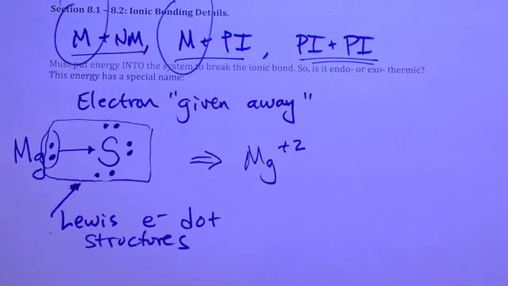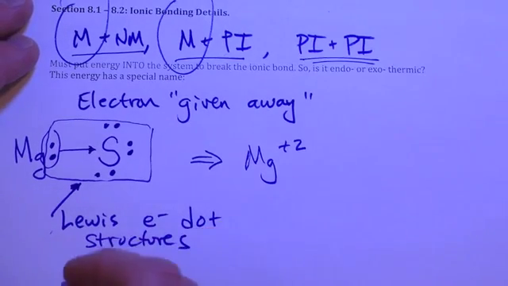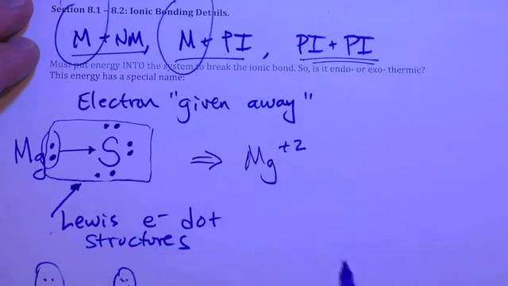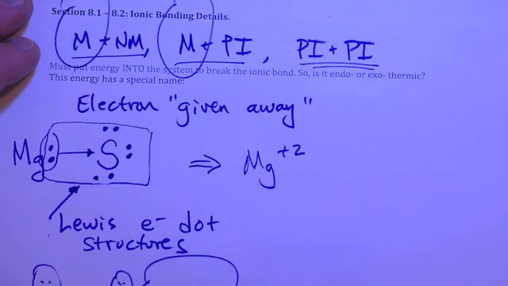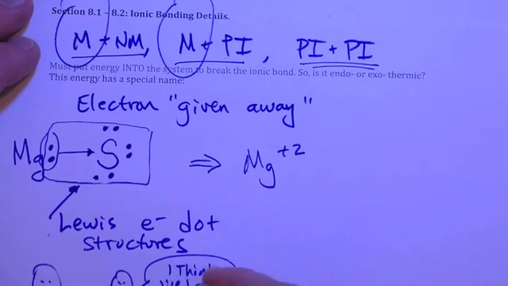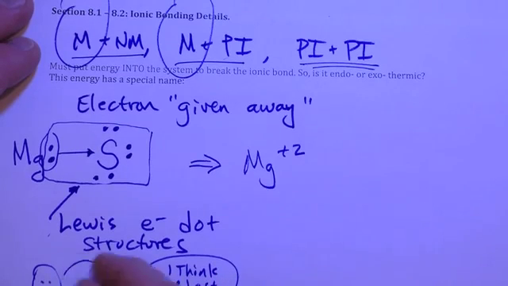Remember the joke about losing an electron? Two atoms are walking down the street. One atom says, I think I've lost an electron. And the other says, are you sure?